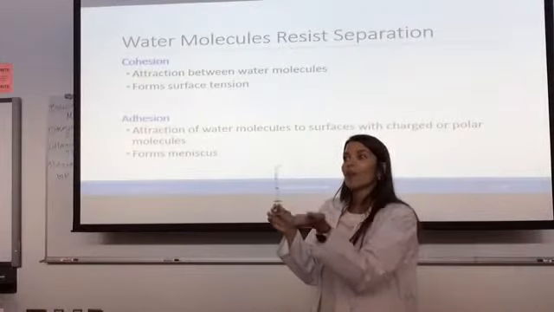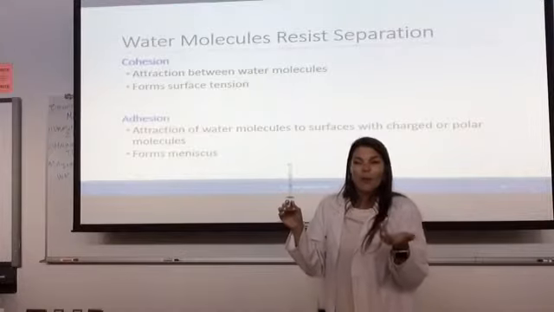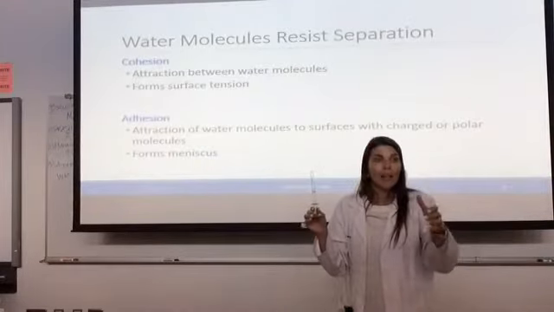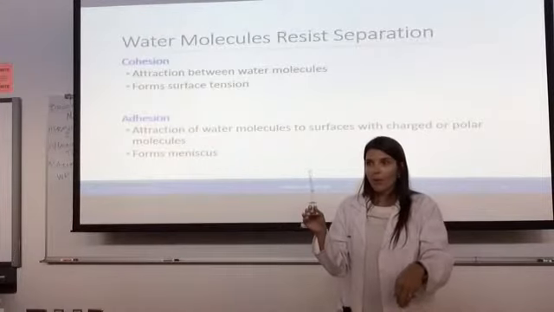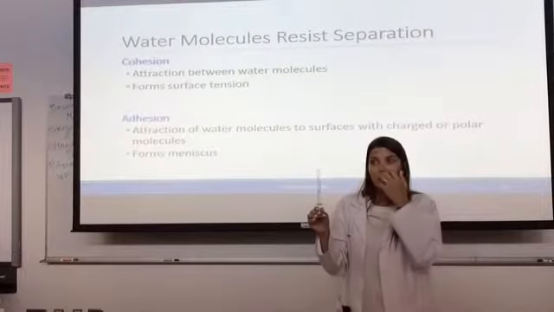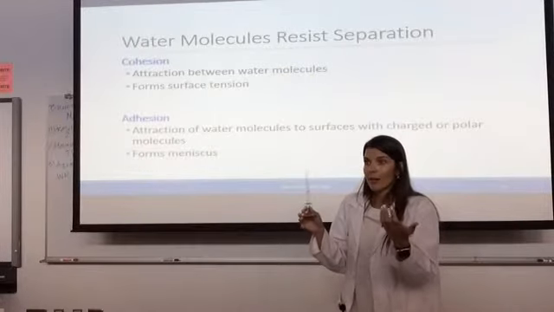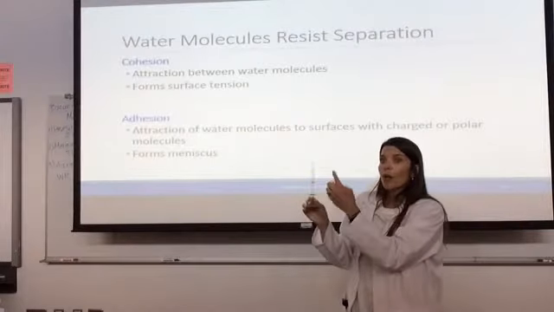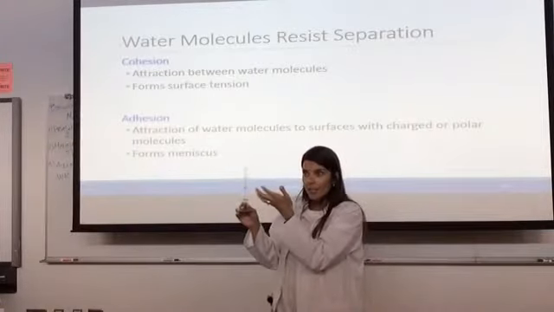When you shake a water bottle and you set it down, does all the water fall back into the bottle? No. There's a few droplets that stick to the plastic. That's adhesion. This meniscus is formed by water sticking to this glass.